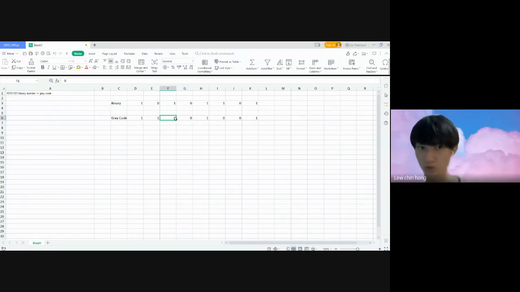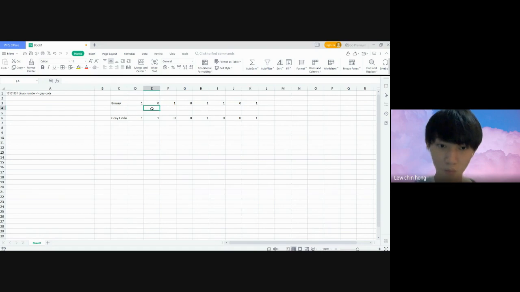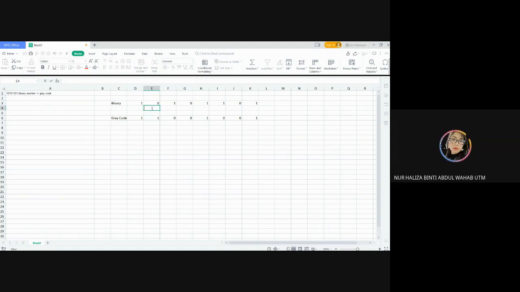I think you don't need to add zigzag. You just add the binary line, like 1 plus 0, 0 plus 1, 1 plus 0. Yeah, the zigzag method is supposedly gray to binary.